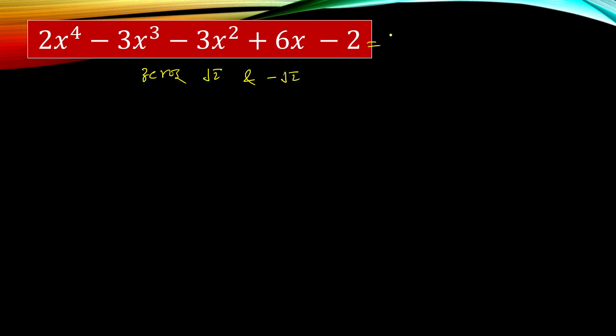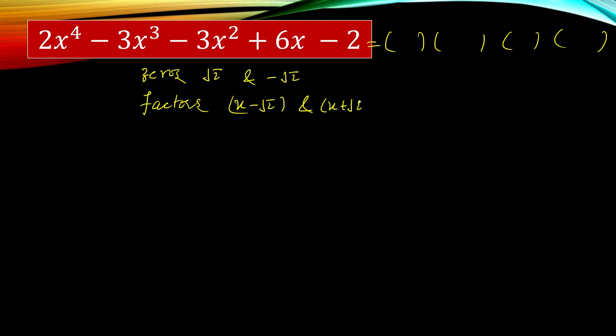Now there must be four factors. So definitely zeros are root 2 and minus root 2, so factors are x minus root 2 and x plus root 2.